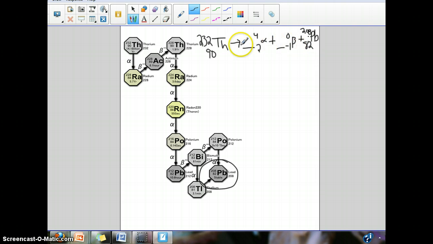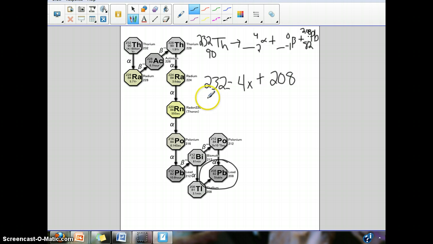Okay. All right, so we're going to try to balance this equation. I would start on top because on top the beta is not going to affect that mass number, and that will enable us to see how many alpha decays we have here. Okay, so we have 232 equals 4x. We don't have to include this because it's 0, plus 208.